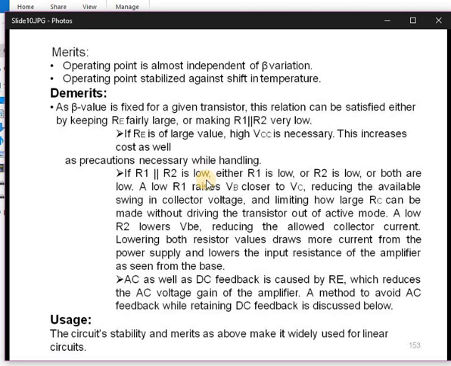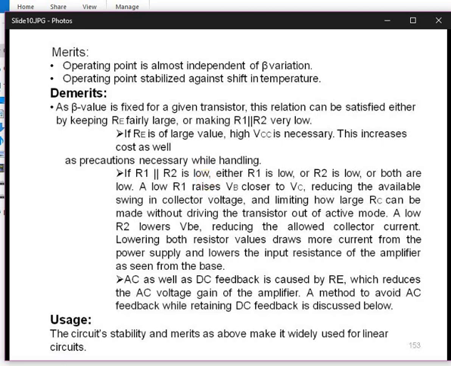Among these 4, the best method to apply is the potential divider circuit, because it has a stability factor of less than 1 plus beta, around 10. Such a very low value of stability factor causes high thermal stability.